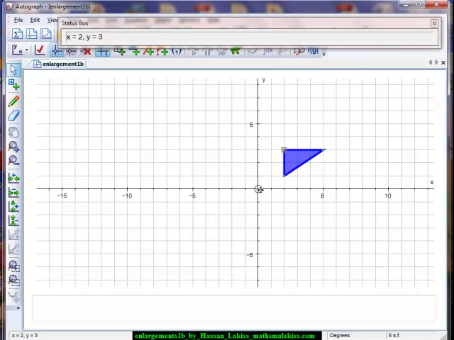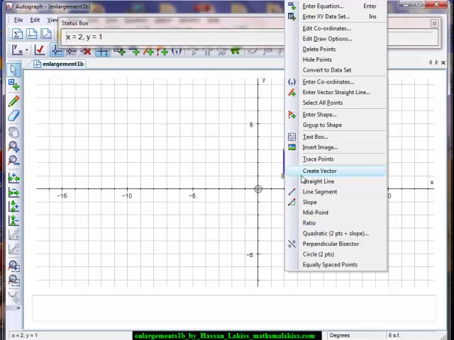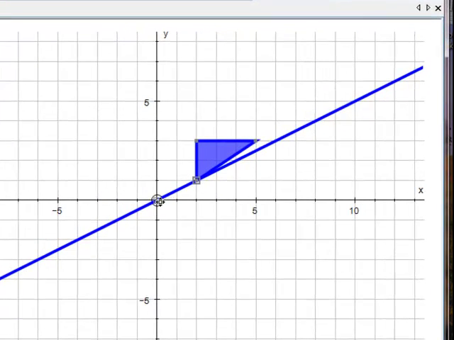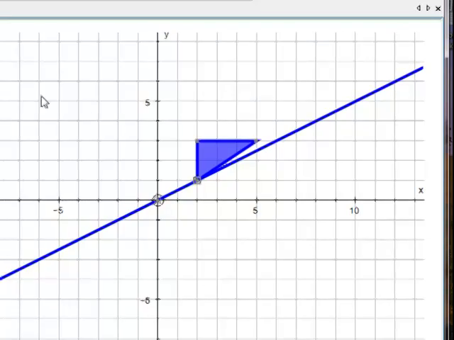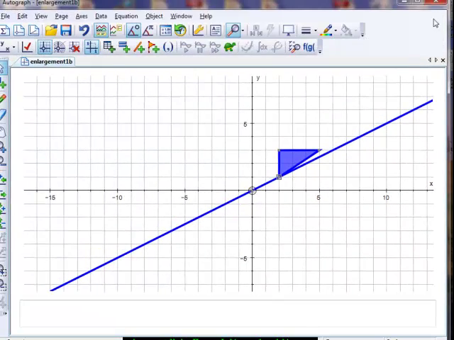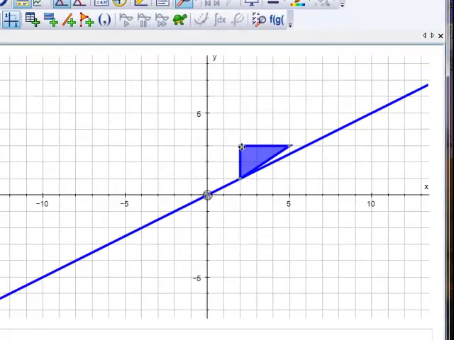So if I join that to this point here with a straight line, I can see very clearly that if that's 2 across, 1 up, I can go 2 across and 1 up. That would be the image. If it's a scale factor 3, I'll go 2 across and 1 up three times, if it's a positive enlargement. Now, this one here, let's join up those two.